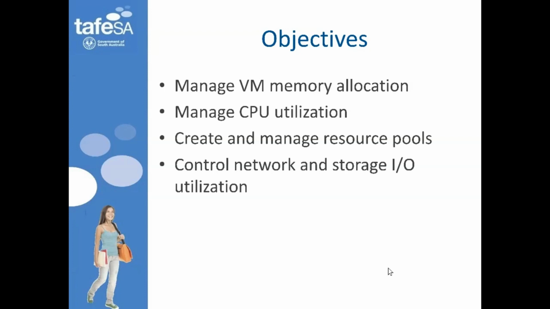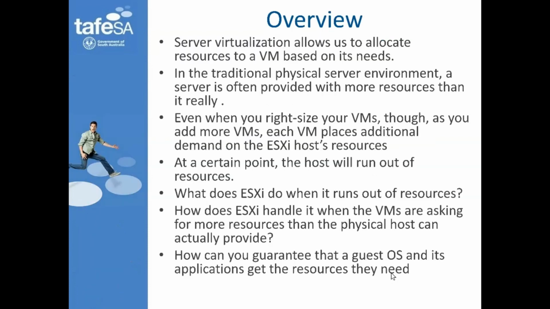So we're going to manage CPU utilization. We're going to create and manage what's called resource pools, and we're going to control network and storage I/O utilization. Before we get into all of the different ways we can control types of resources, we're going to talk about certain things which are going to be repetitive over and over again.